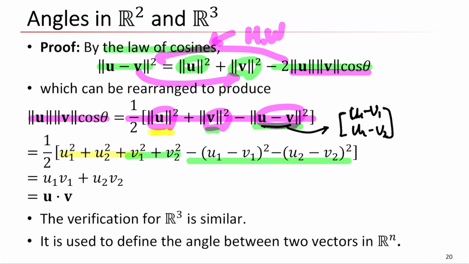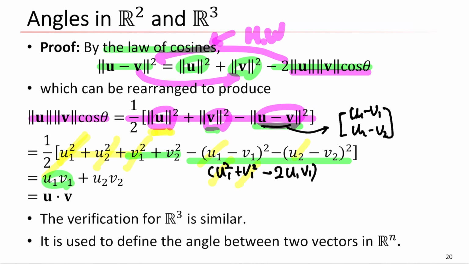Okay. Then if you remove some repeated values, from u1 squared plus v1 squared minus 2 u1 v1, something like this, then we can remove this one and this one and this one.